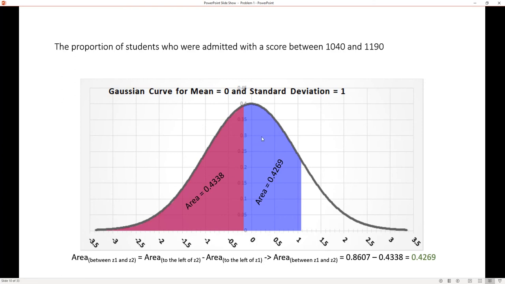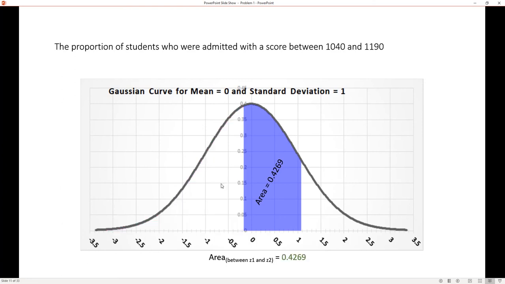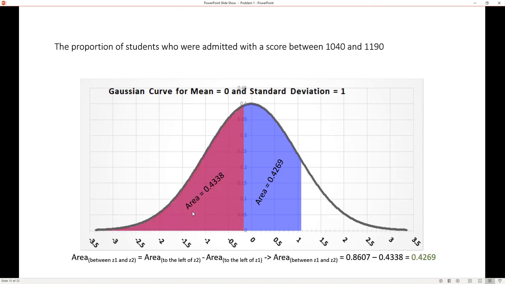If I take this entire area to the left of this and I subtract this area right here, I will be left with only the area in between. In other words, the area in between any two z-values is one of the areas minus the other area.